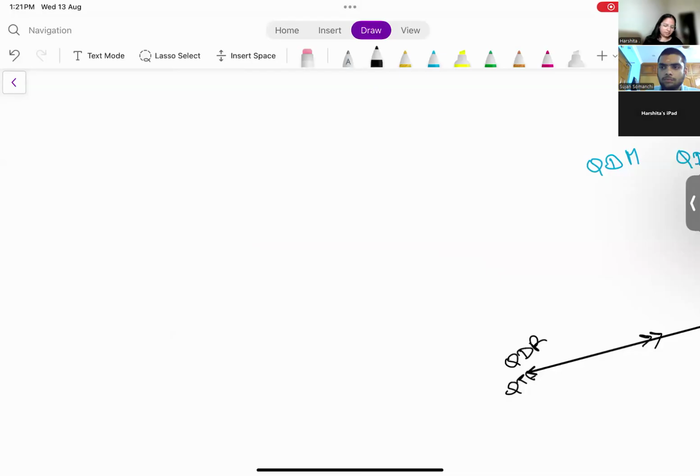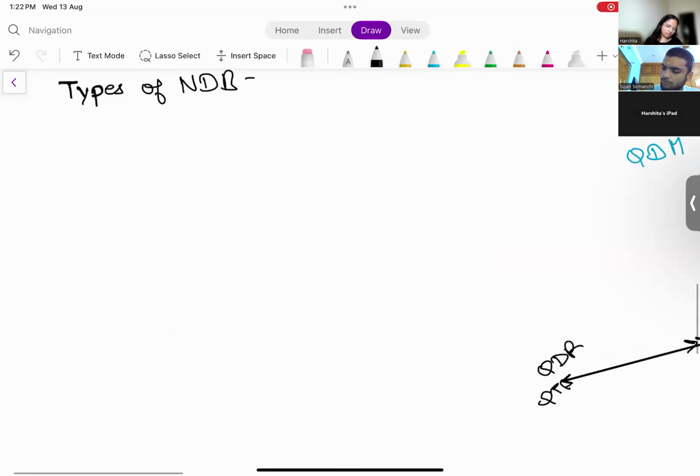Let us look at the types of NDB. Basically, there are two types, but you can classify them into three types. Extended version. First type is the locator NDB.